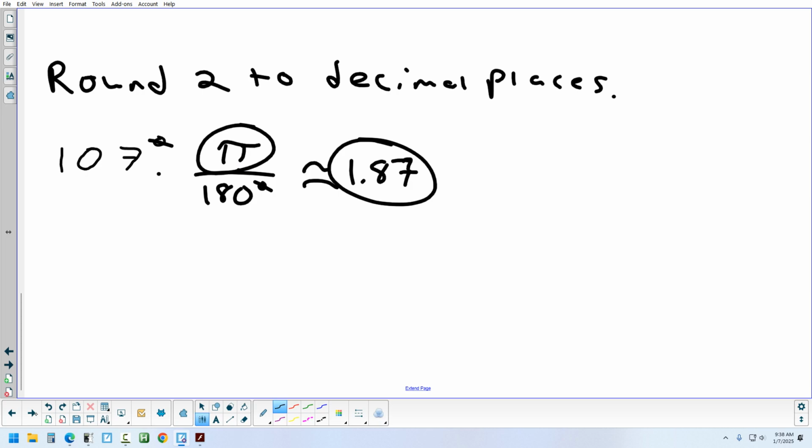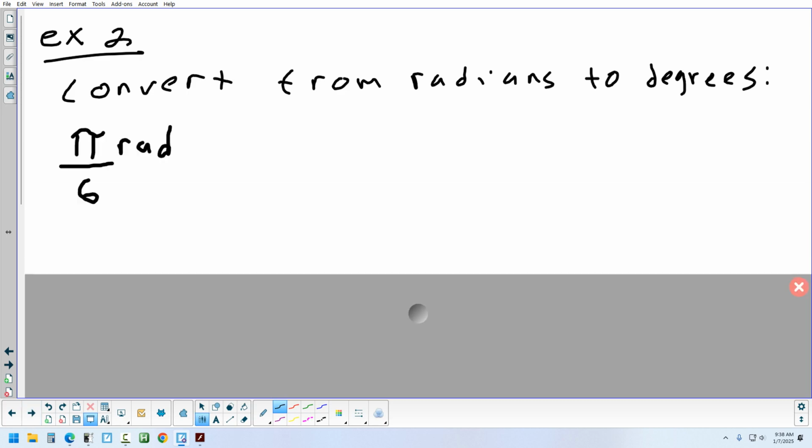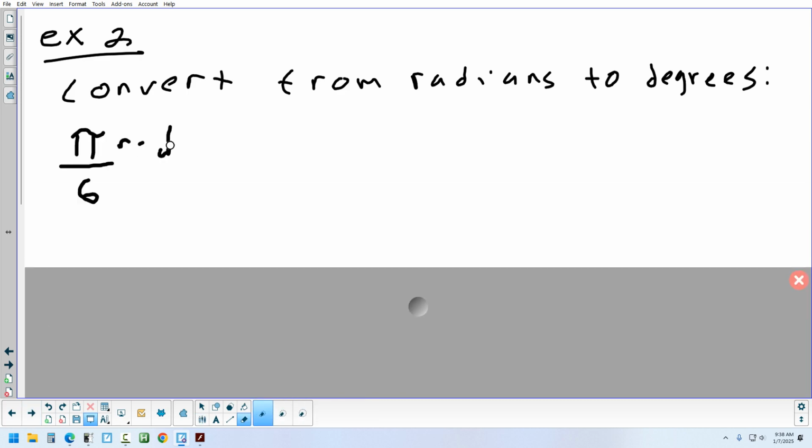All right, so let's try a couple converting from radians to degrees. Now you have to pretend like it says RAD next to pi. I just erased it on purpose. We're trying to cancel out radians, and I want to end up with degrees.